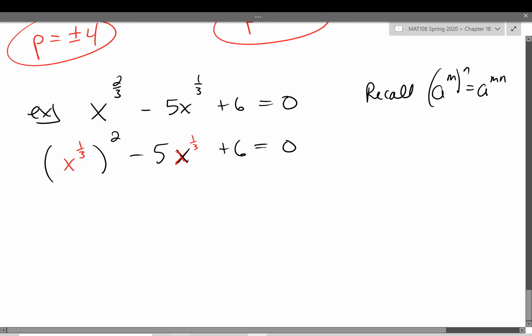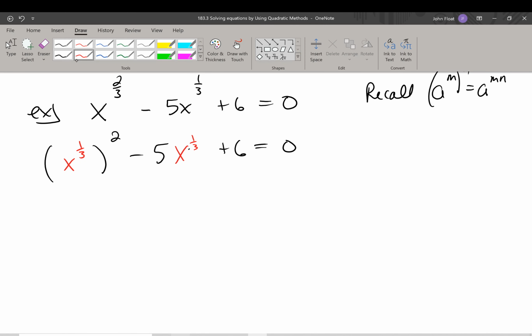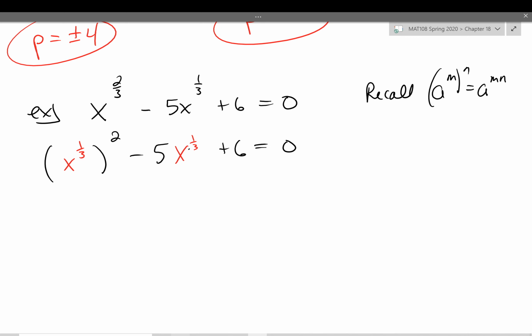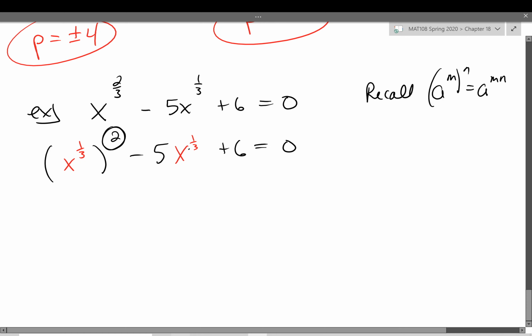There we go. That looks better. Okay. Perfect. So here you could kind of see that we have x to the 1/3, right? But that is being squared. In other words, this has the form of ax squared plus or minus bx plus c, okay? It has that.